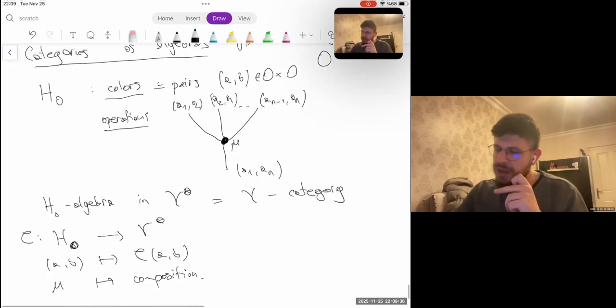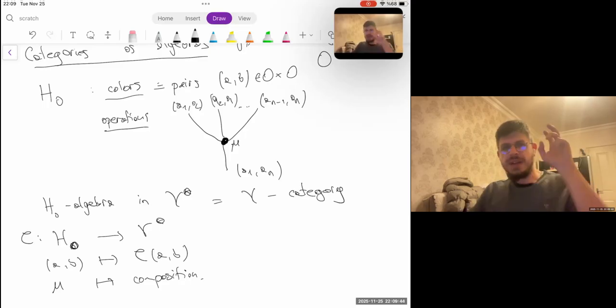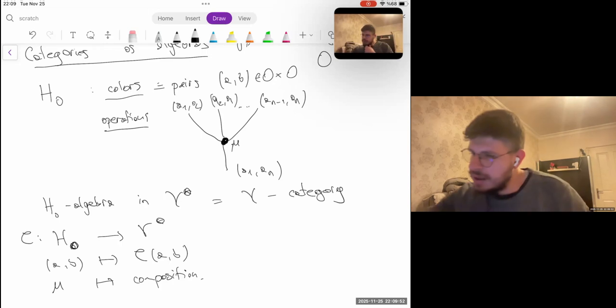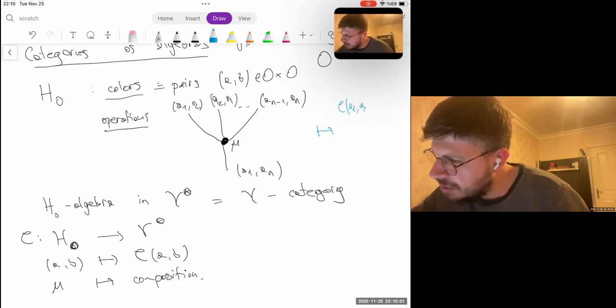Now, when you pick an algebra, to each pair (A, B) you assign an object in V, and you can think of that as the hom object. If you think about composition, let me do it just for two things.